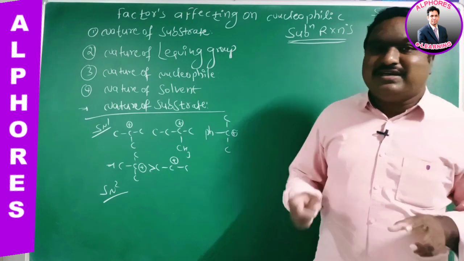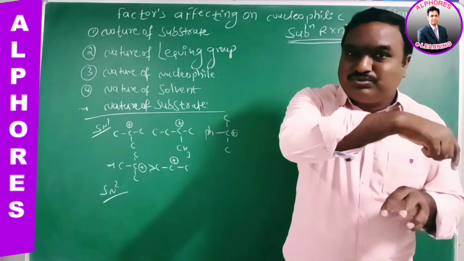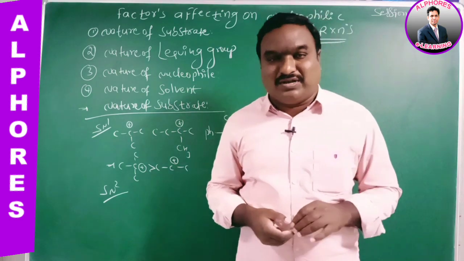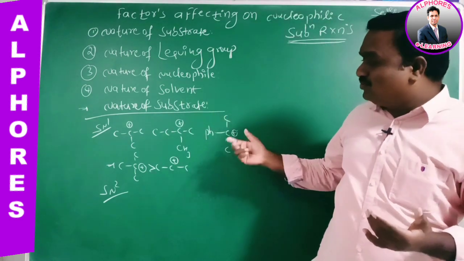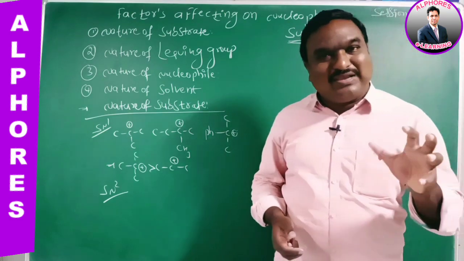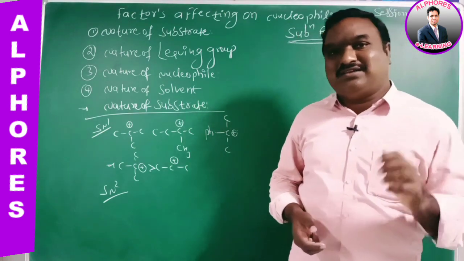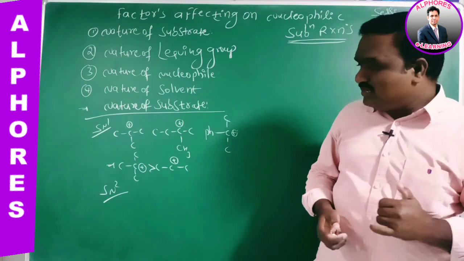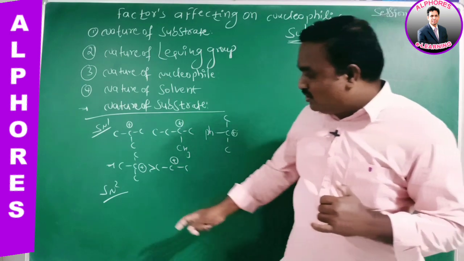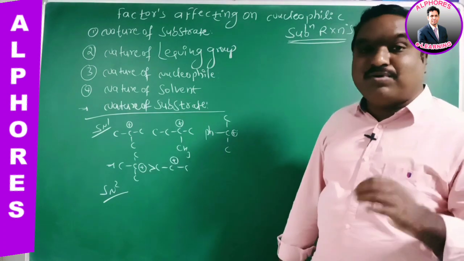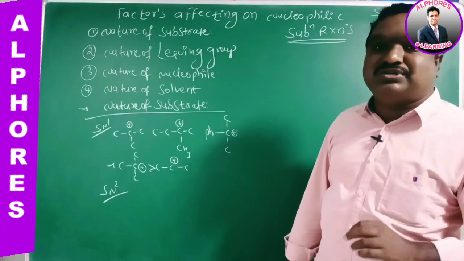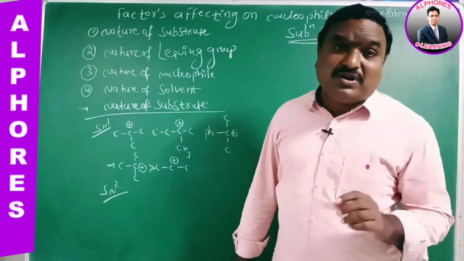Why? Because attack of the nucleophile on the reactant becomes somewhat difficult. As the number of alkyl groups or other groups increases, the compound's bulky nature increases, then the steric nature increases and reactivity decreases. So normal compounds, that means CH3X type compounds, are highly favorable for bimolecular nucleophilic substitution reactions.